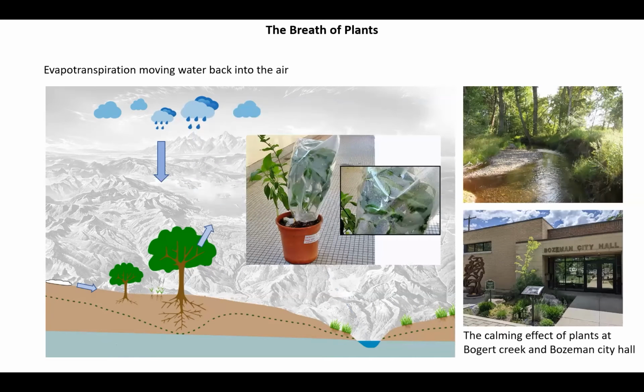Water up from their roots, drawing water out of the soil that would otherwise continue on to a water course or to the aquifer. And this can be very significant. A large tree can be pulling up hundreds of gallons in a day.